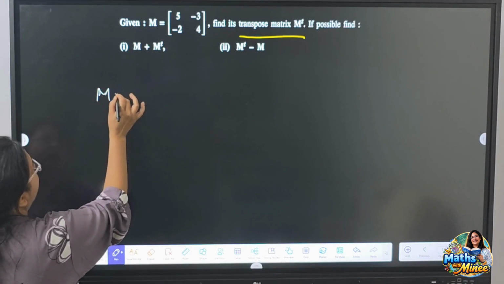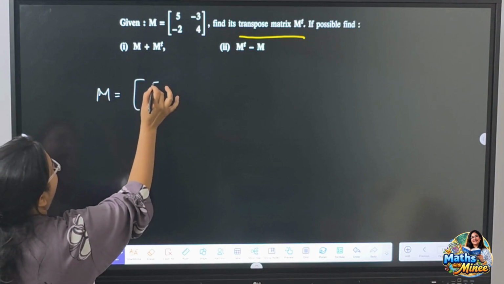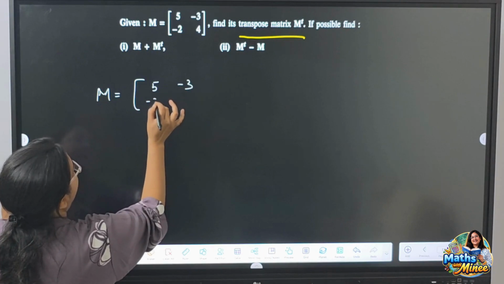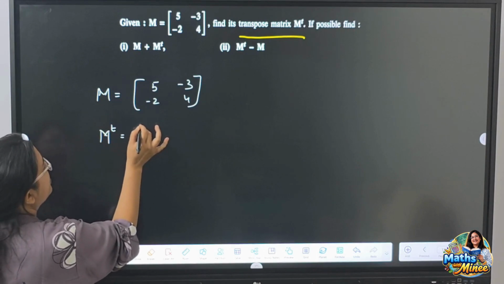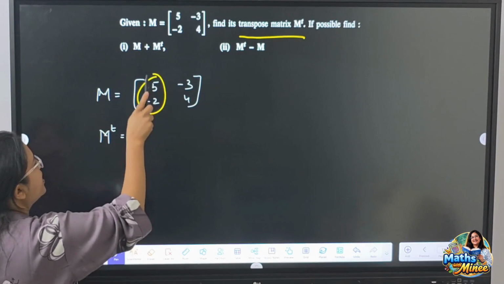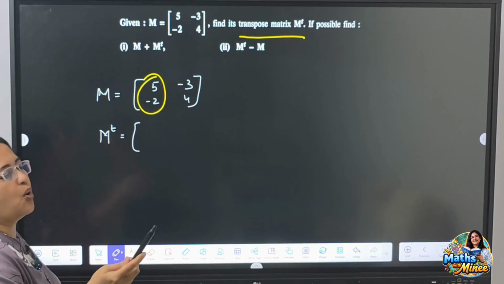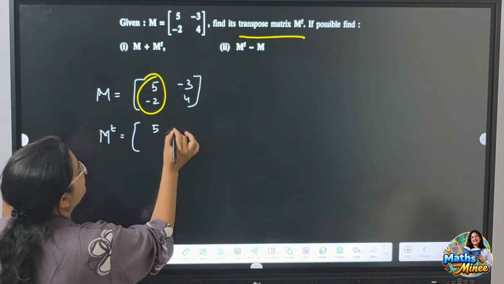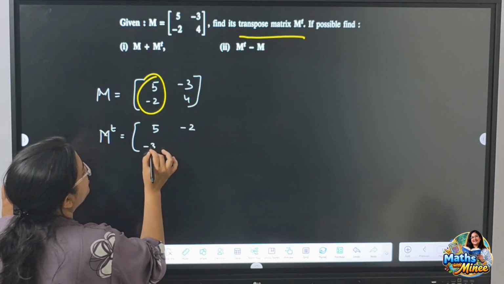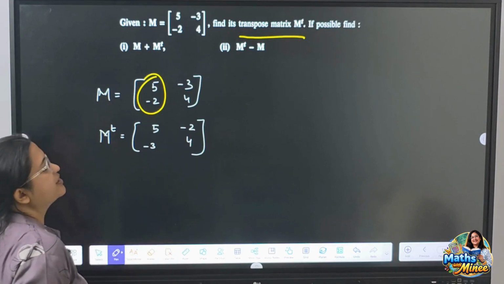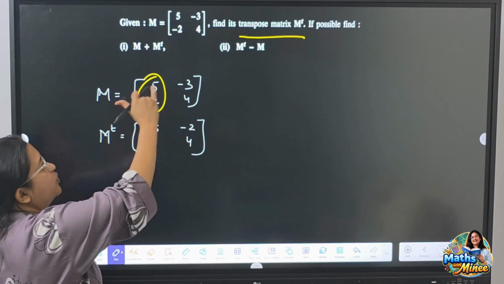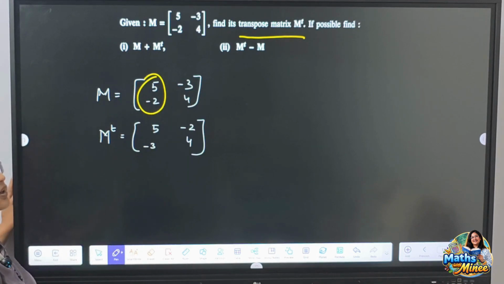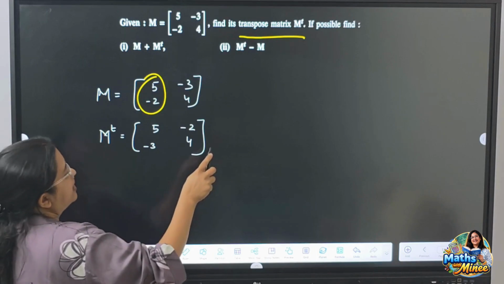If this is my matrix M, 5 minus 3 minus 2 4, if you want to make a transpose matrix, we will just alter ये जो मेरी column है ना, I'll make it a row. So I'll write here 5 minus 2 minus 3 4. That's it. This is my transpose matrix. You just need to change the row into the column, the column into the row. That's it. Clear?